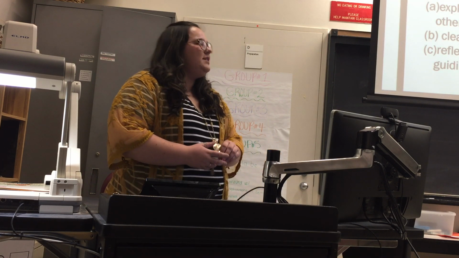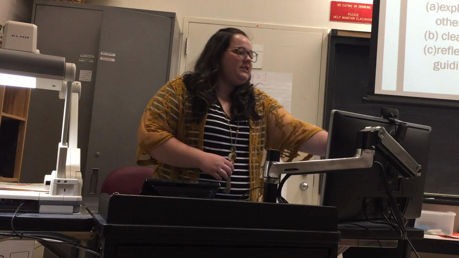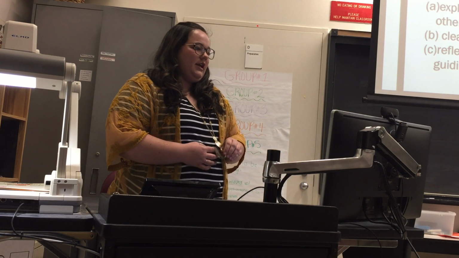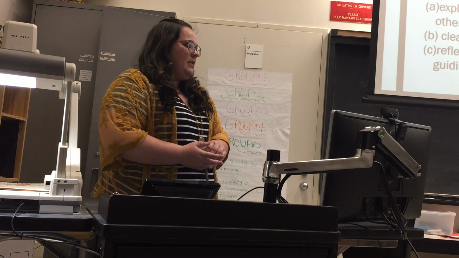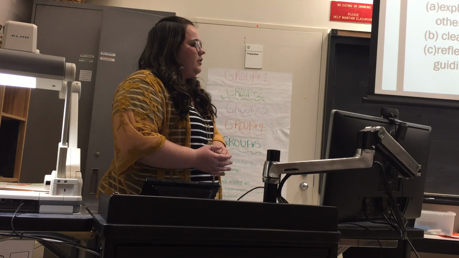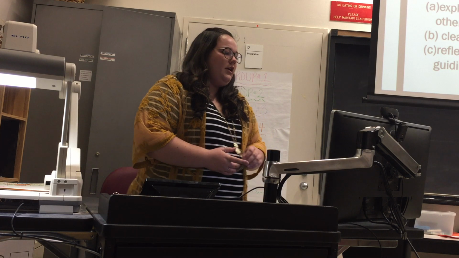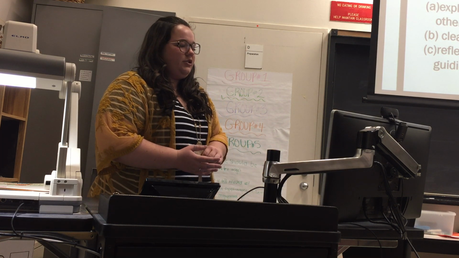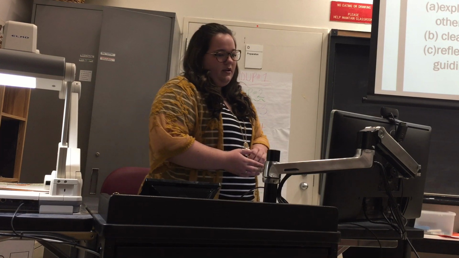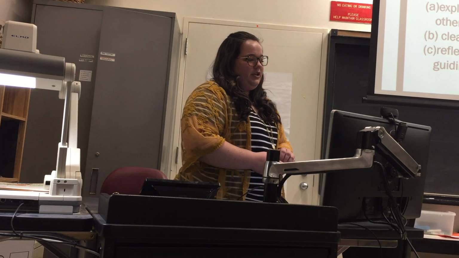For the state standards, I didn't list the actual number, but I did post the link in case you wanted to click and find it there. And for kindergarten mathematics, it was just look for and make use of structure. So mathematically proficient students will look closely to discern pattern or structure. They step back for an overview and shift perspective.